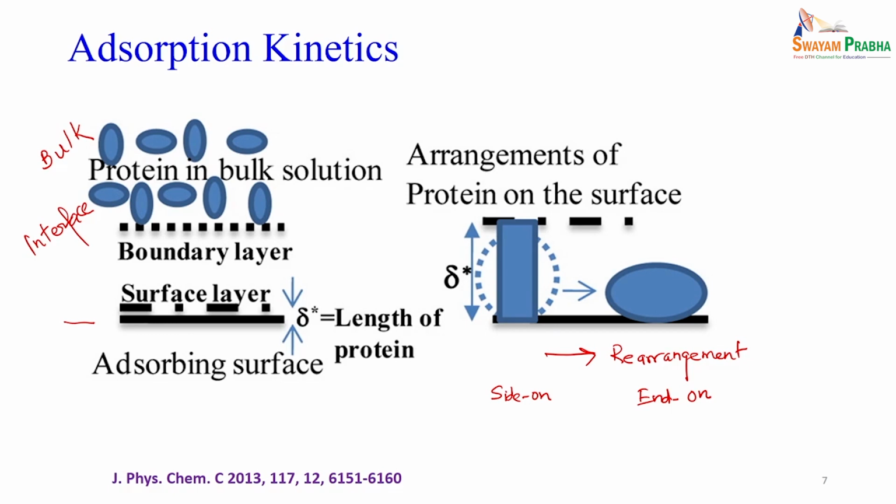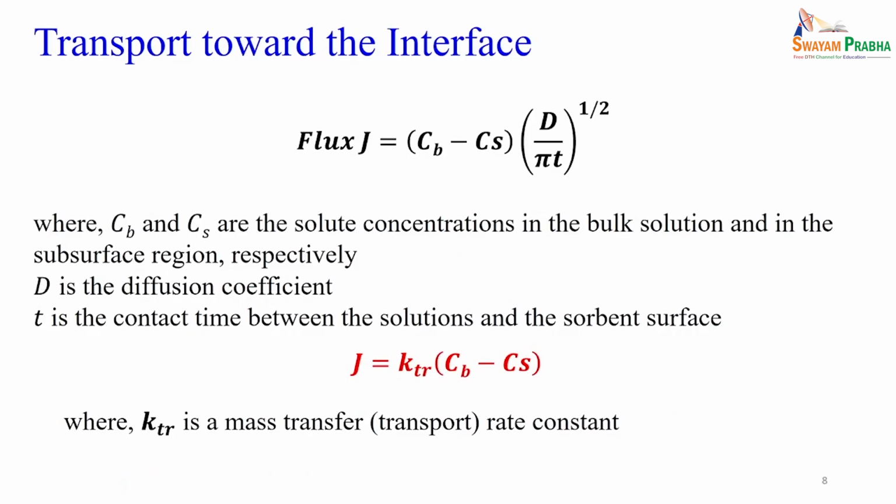So, the very first step is the protein molecules coming to the surface from the interface. The transport towards the interface depends on the bulk concentration, or you can say this delta C is the driving force, and this diffusion term is the resistance.